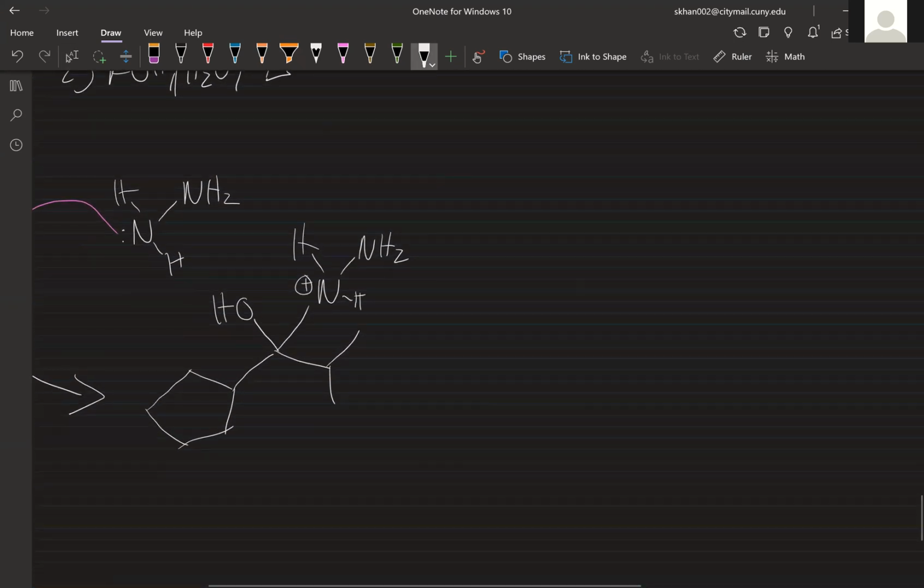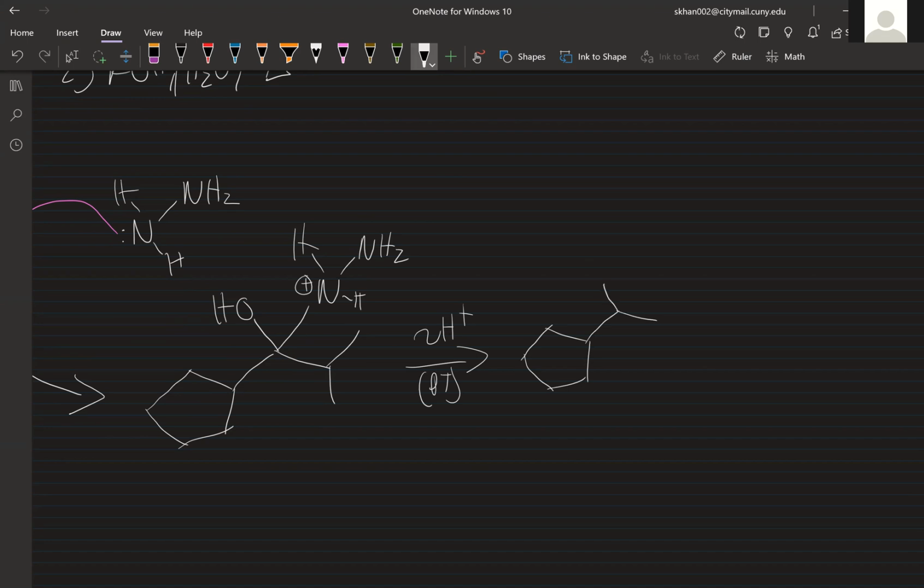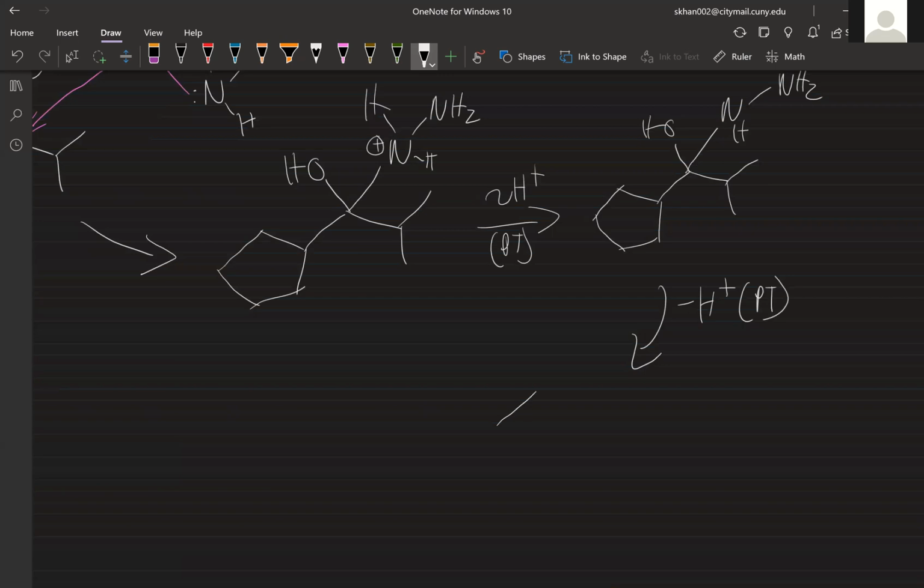And we're going to go through 2 proton transfers or 1 internal proton transfer. And what are we missing here? Alkyl groups. Another proton transfer. That would be your carbonyl amine again.